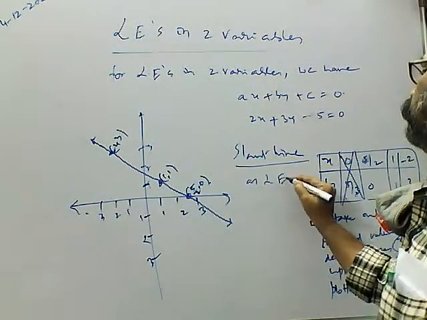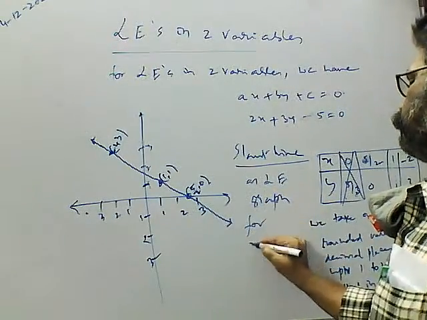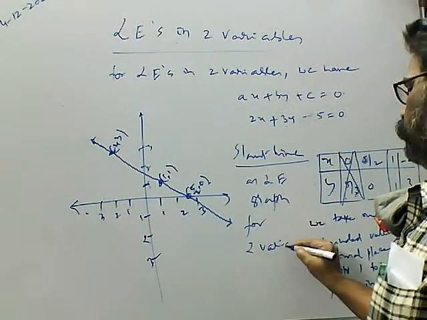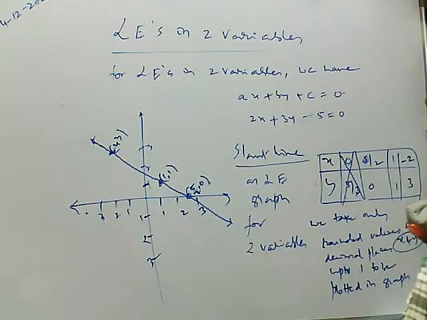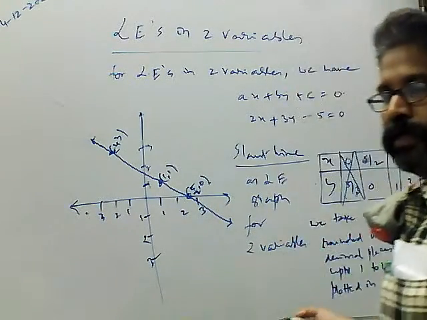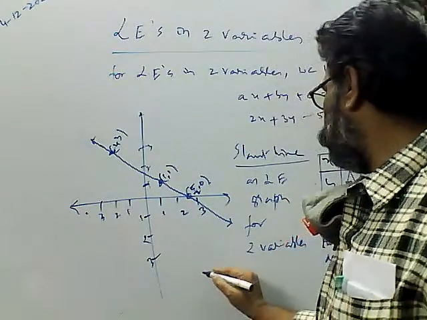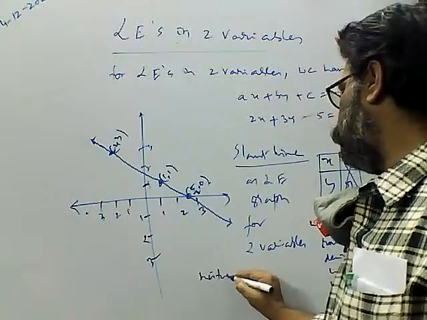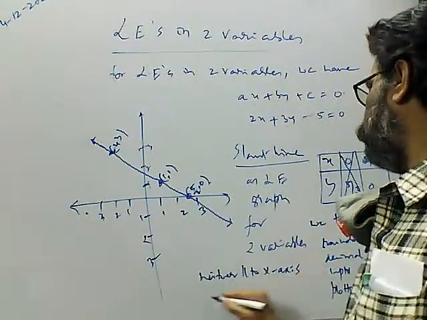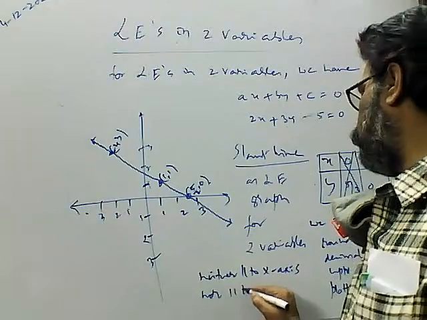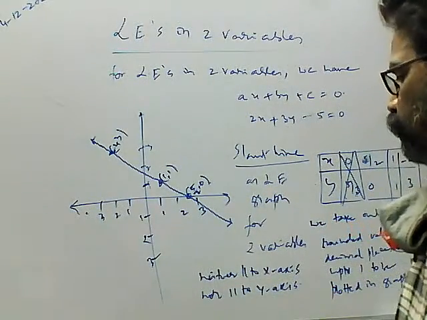As the linear equation graph for two variables. See, this line is neither parallel to x-axis nor parallel to y-axis. For one variable, what happened? It is either parallel to x-axis or parallel to y-axis. So here it is neither parallel to x-axis nor parallel to y-axis.